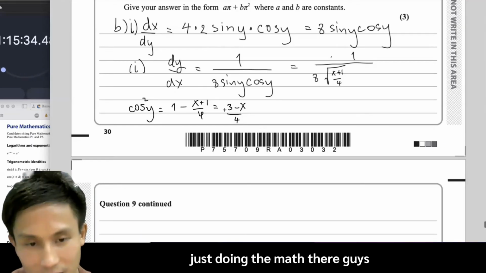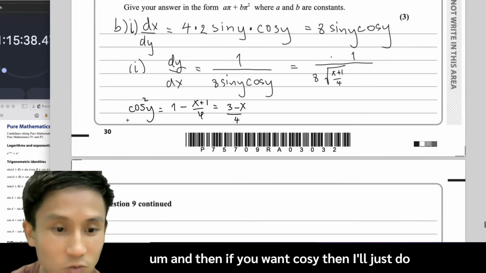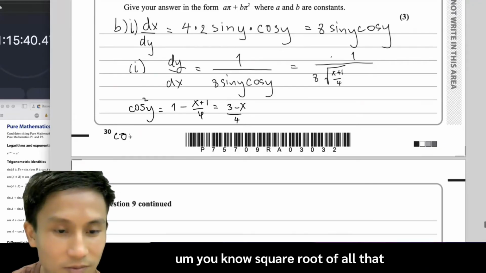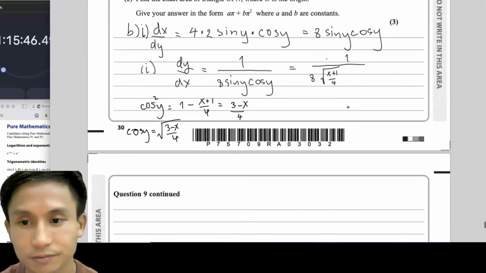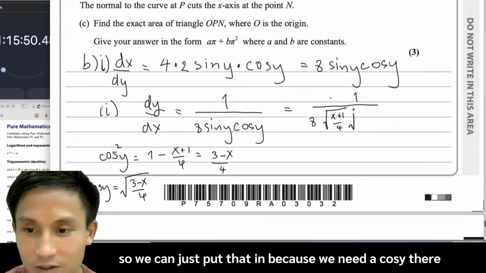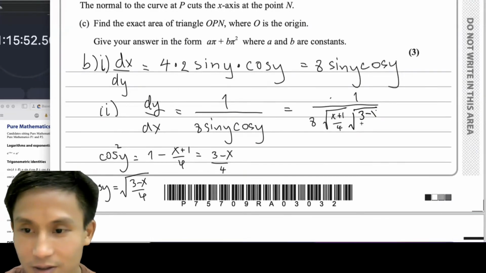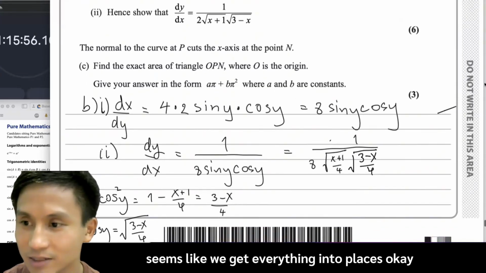Just doing the math there, guys. And then if we want cos y, I'll just take the square root of all that. We can just put that in because we need a cos y there. Seems like we get everything into place.